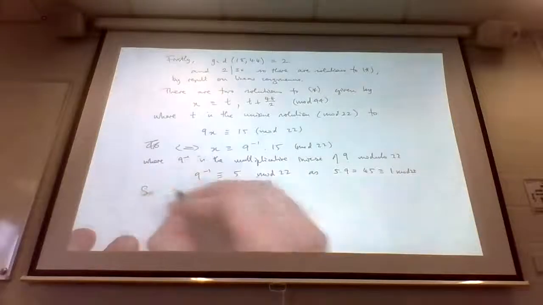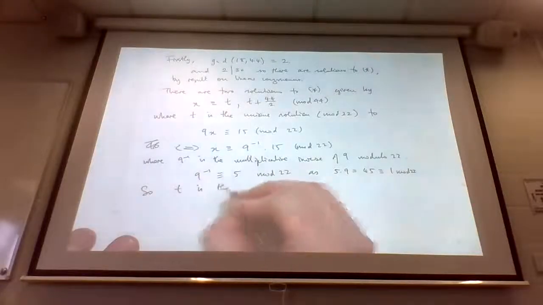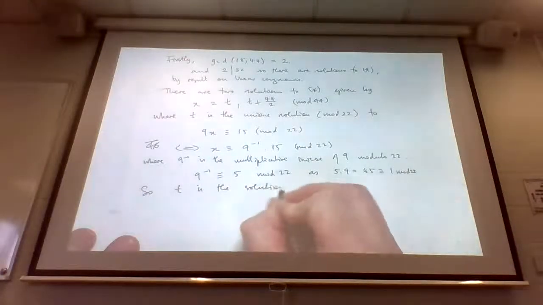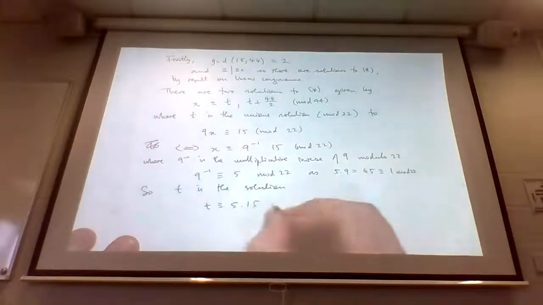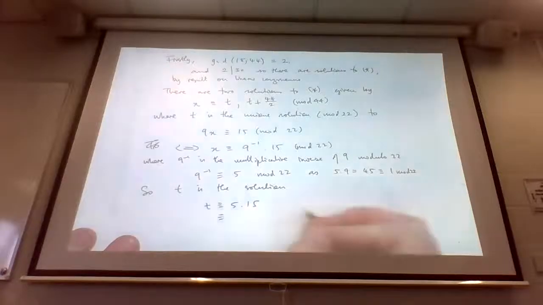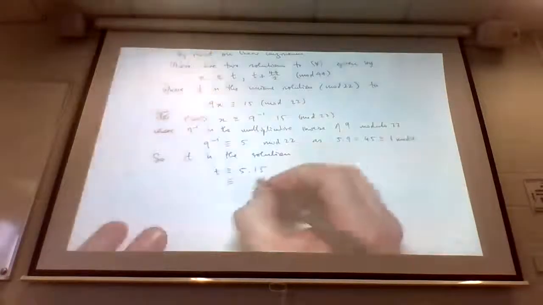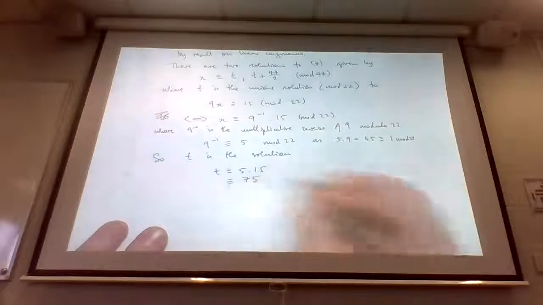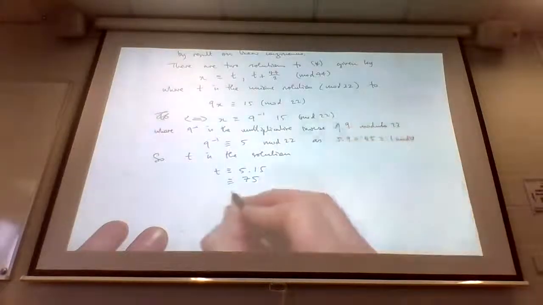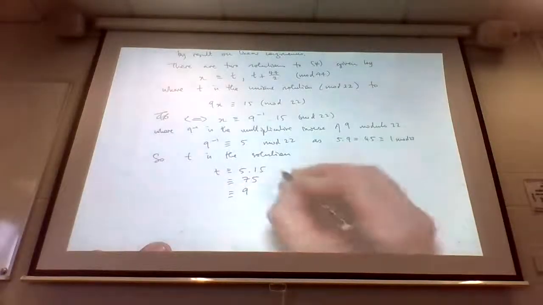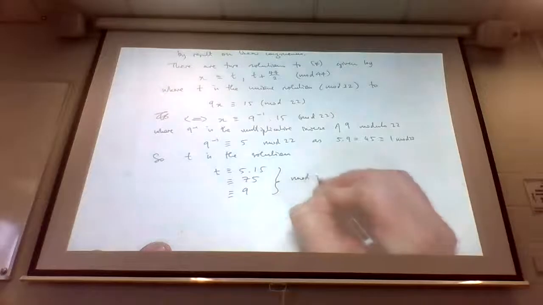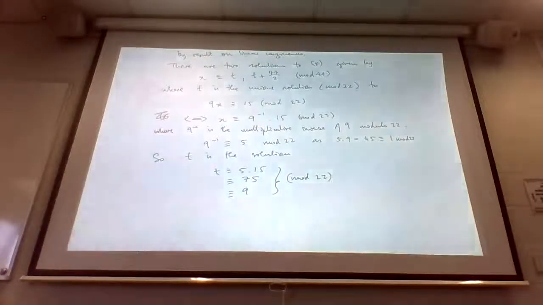So t is the solution. T congruent to 5 by 15, which is 75. But modulo 22, so 3 is 66, so 66 plus 9, so it's 9 modulo 22. That's the standard representative of it.